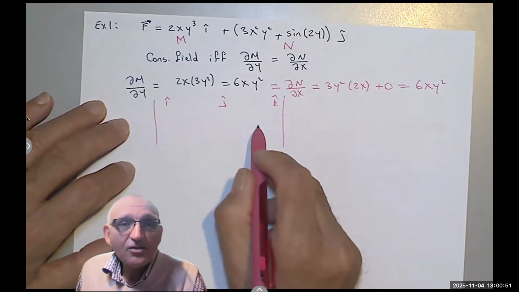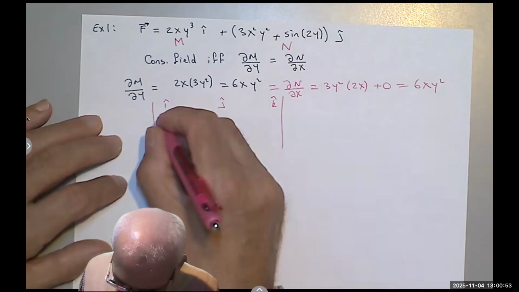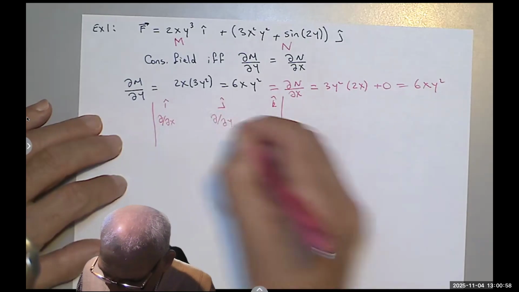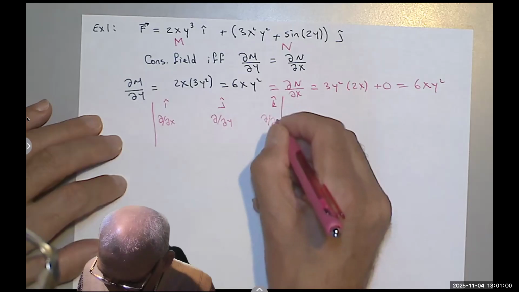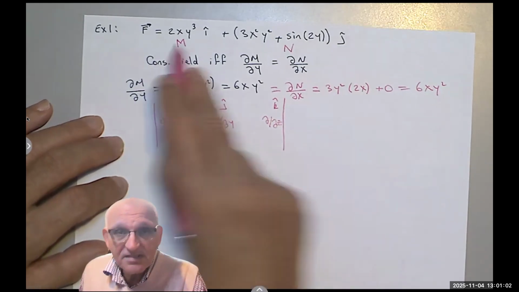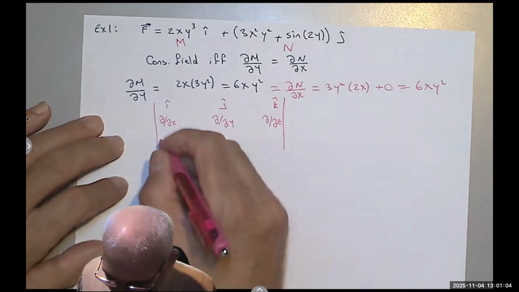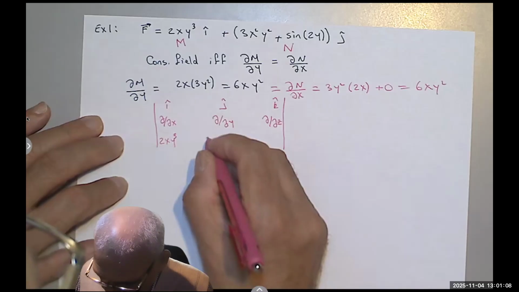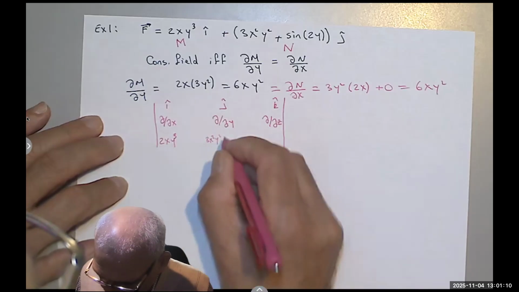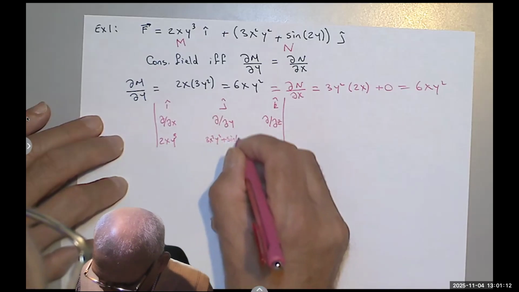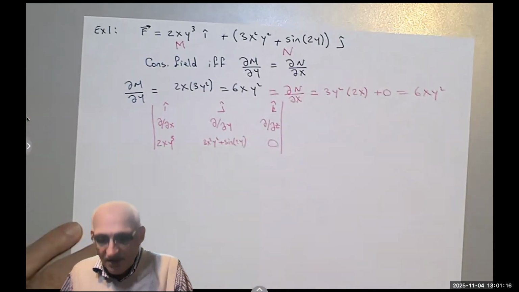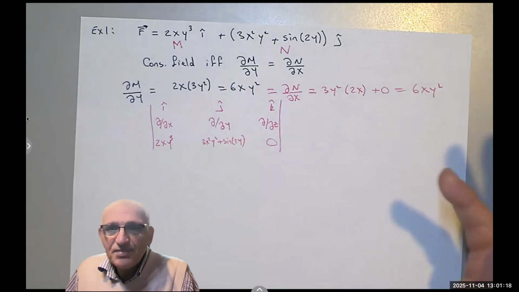The second row is the del operator: partial partial x, partial partial y, and partial partial z. And then the third row is your force: 2xy cubed, 3x squared y squared plus sine of 2y, and 0. If you know how to do it, it's so simple.